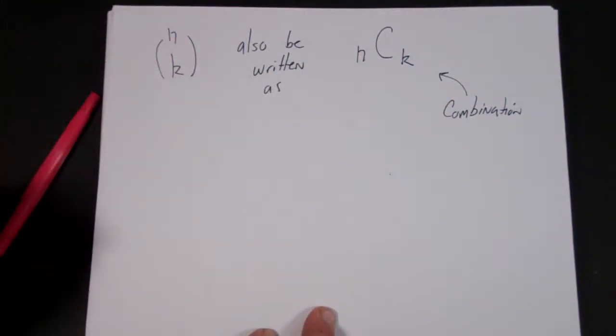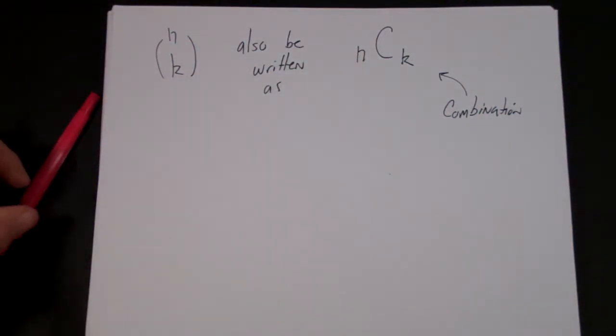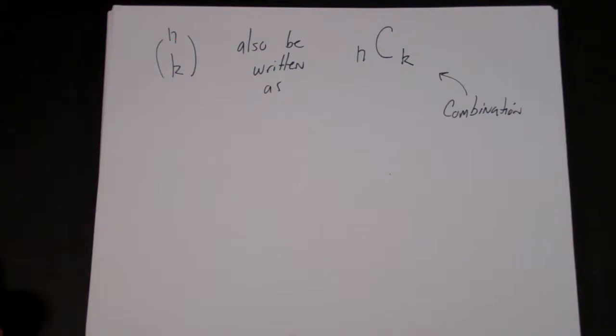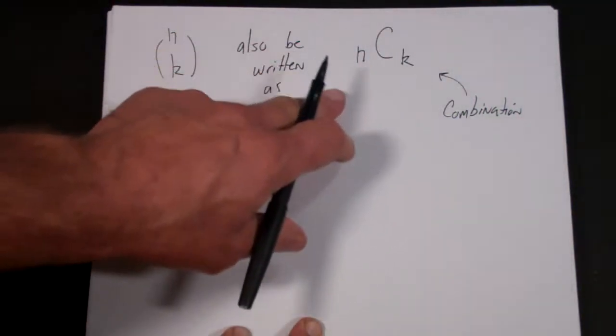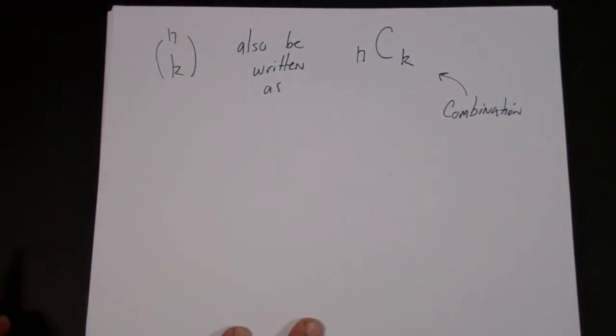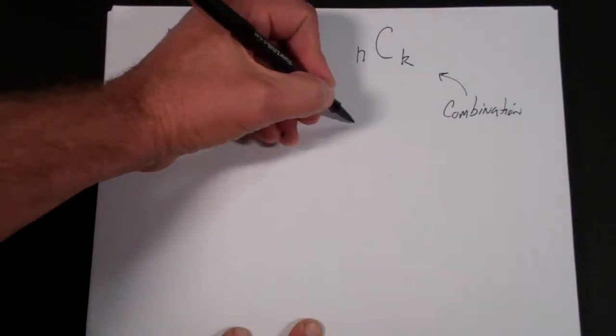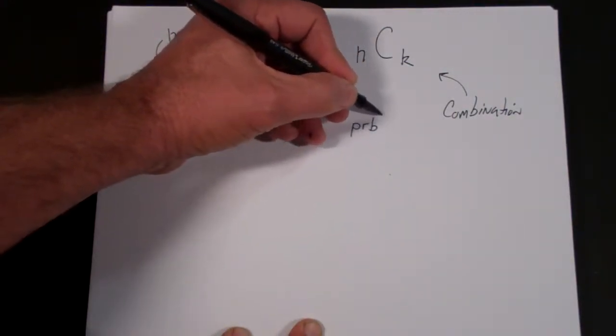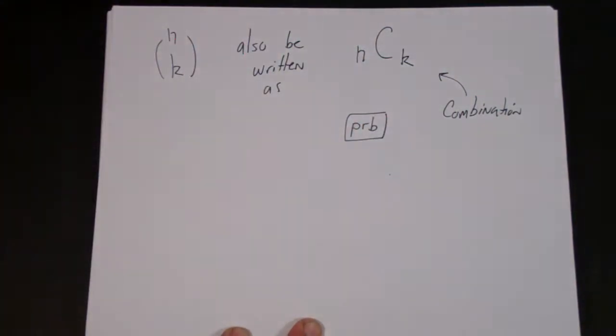That's not the way that we're using it necessarily here directly, but it's actually the same problem. And this is what it'll look like on your calculator. So you should look for this button on your calculator. And often it's underneath a button called PRB for probability. So you can look and see at that.